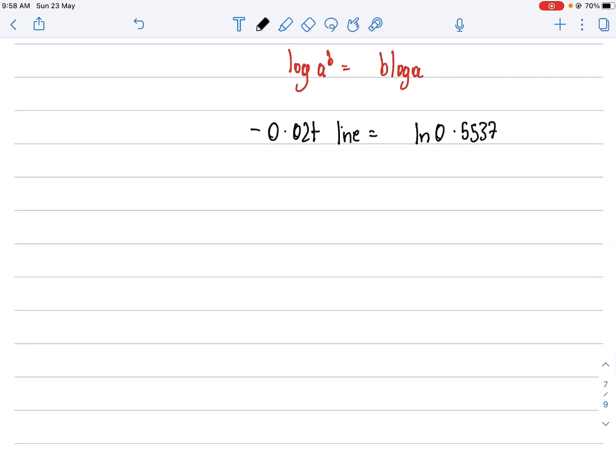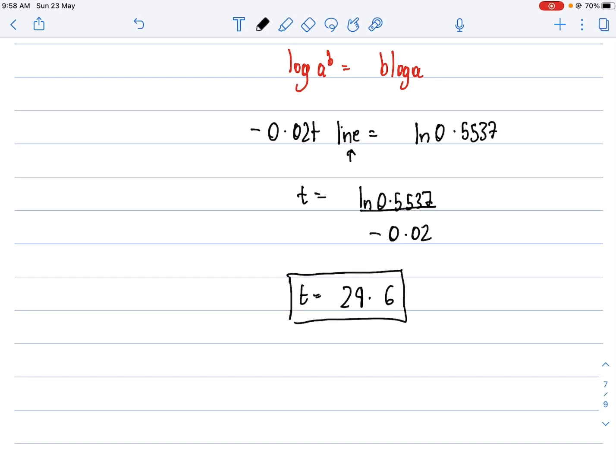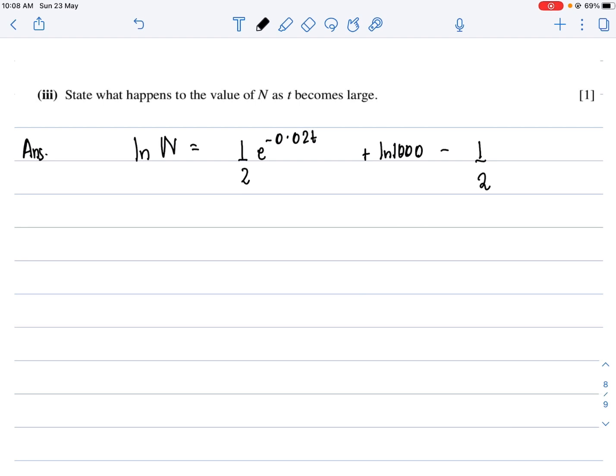I know ln e is simply 1. So t equals ln 0.5537 over minus 0.02. If I solve this on the calculator, I get my answer as 29.6 to 3 significant figures for t. Yes, so this is the third part of the question.